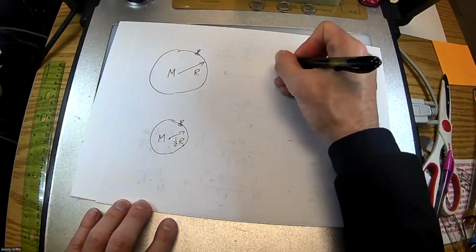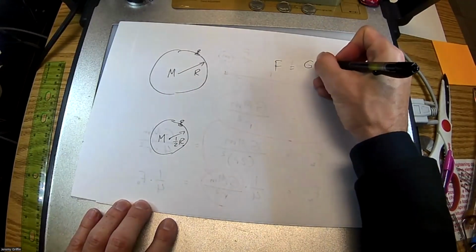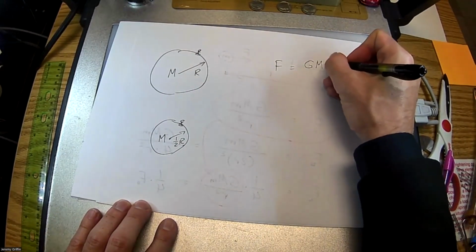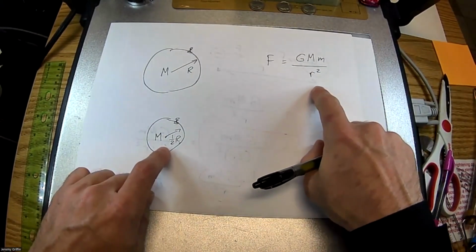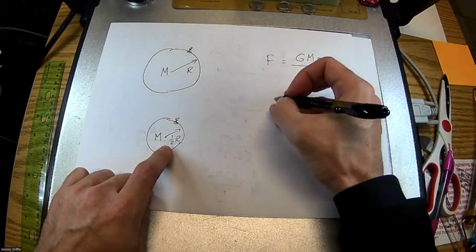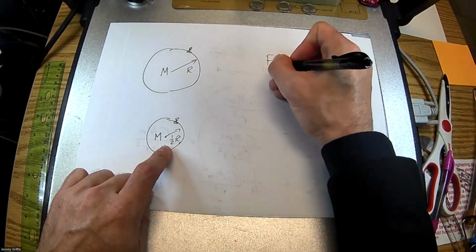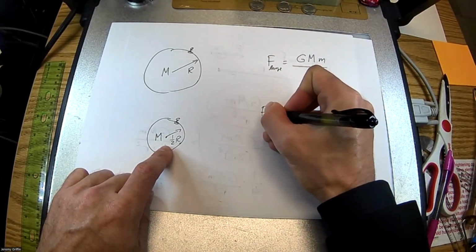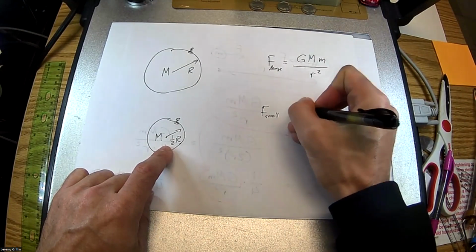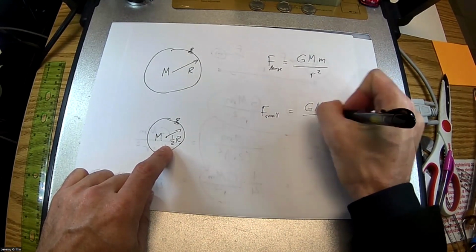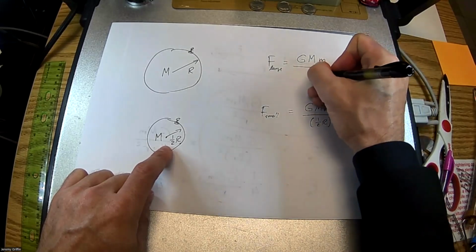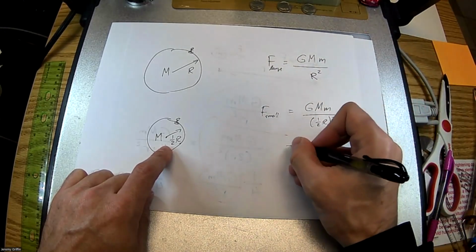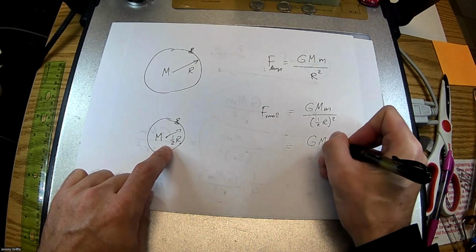So your weight would be the universal constant times the mass of the planet times your mass divided by some general distance squared. And for this bottom one, we throw in a factor of a half squared. So maybe this is the force on the large planet. The force on the small planet, say your weight, is Gmm over (1/2 r) squared. 1/2 squared is like a quarter.